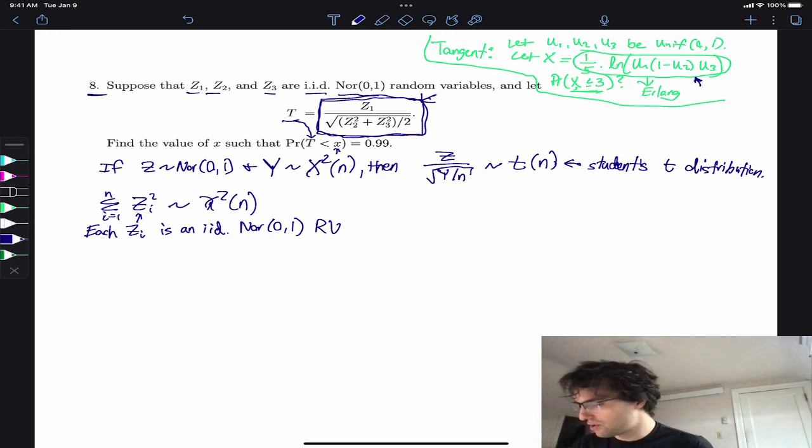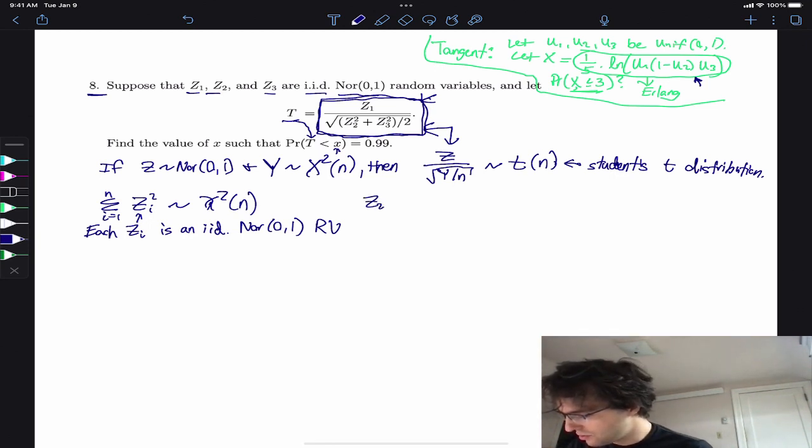So one thing you should start to notice is that this definition looks pretty similar to this one, except not quite, because the bottom has standard normal Z2 and Z3 squared, but we want a chi-squared to meet this definition. But it turns out that Z2 squared plus Z3 squared, using that formula, is distributed as a chi-squared of 2.